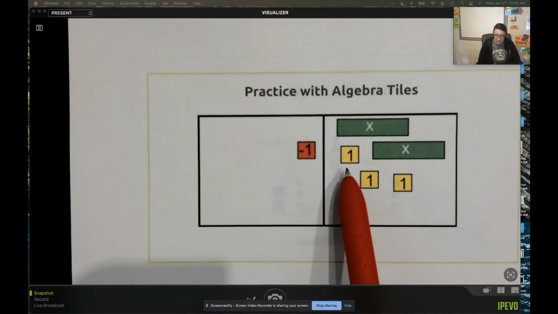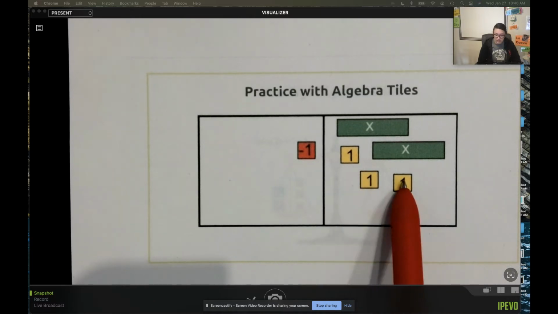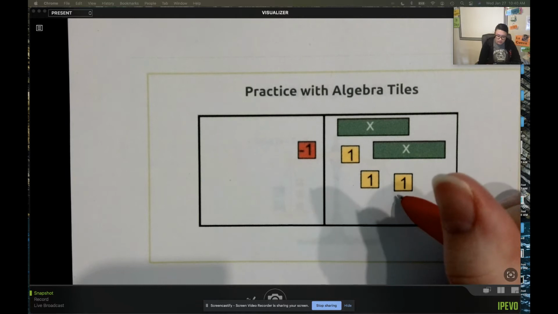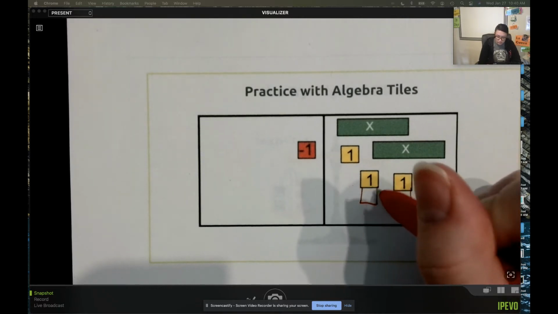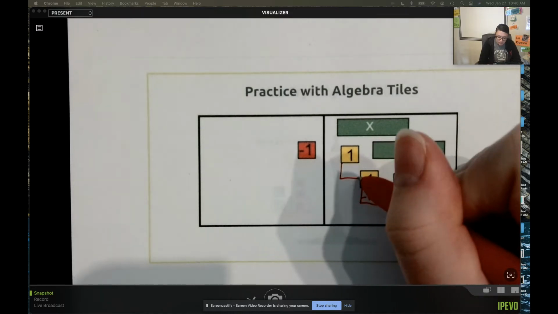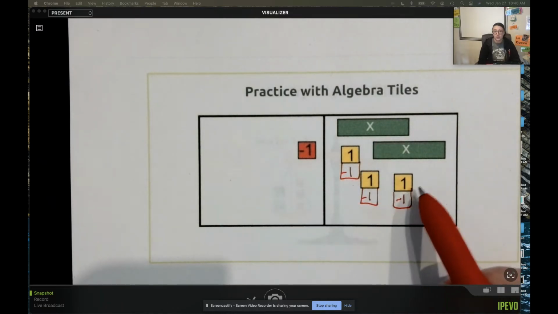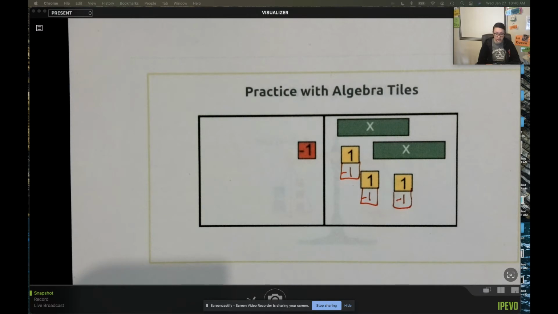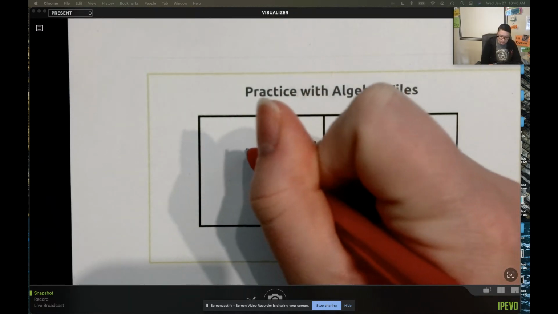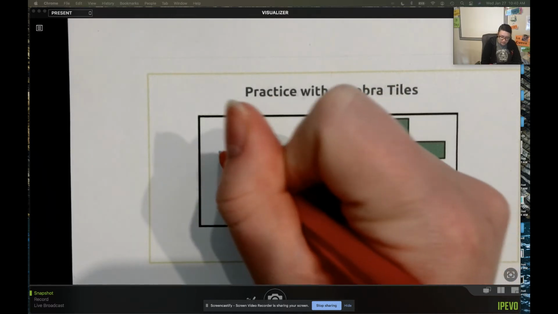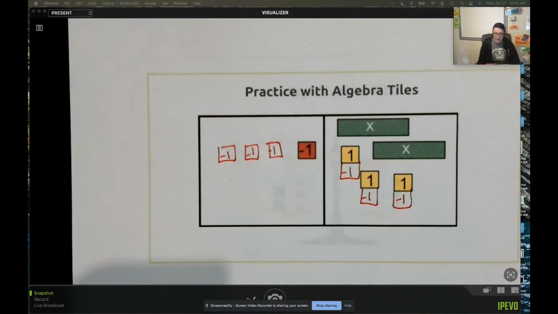So I need to make 0 pairs with these 3 separate ones to make each other go away, to eliminate each other. So if I put on 3 negative ones on this side, that means I've got to do that same thing over here too. Make these negative ones on both sides. I have to keep my equation balanced.